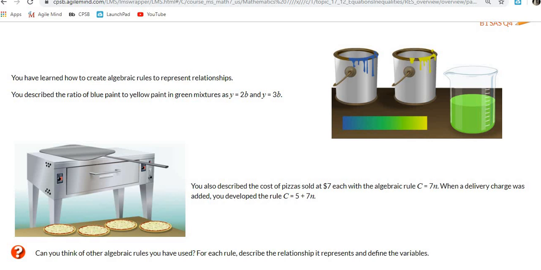How much was delivery? $5. Did each equation include delivery? No, one of them included non-delivery. So we looked at these equations. Write those 2 down under 4: c equals 7n, c equals 5 plus 7n.